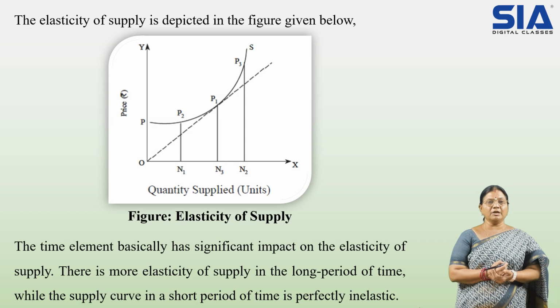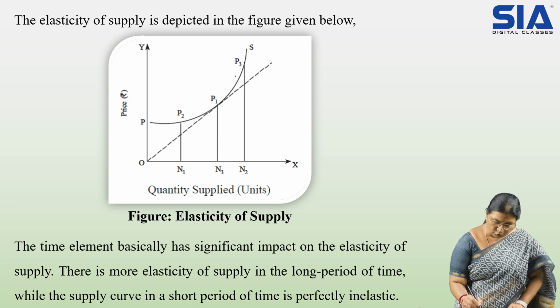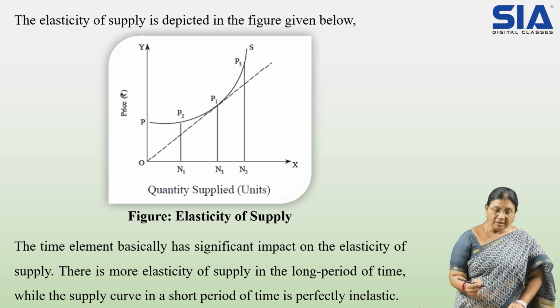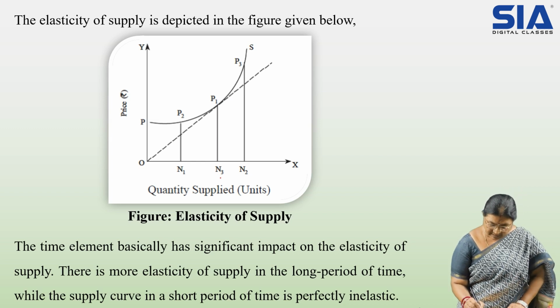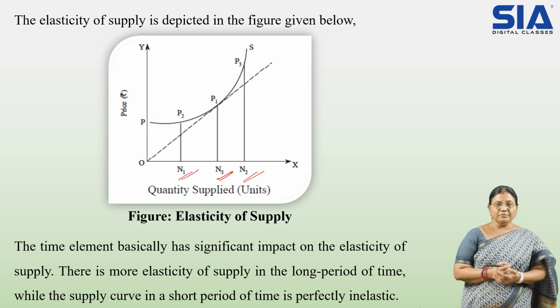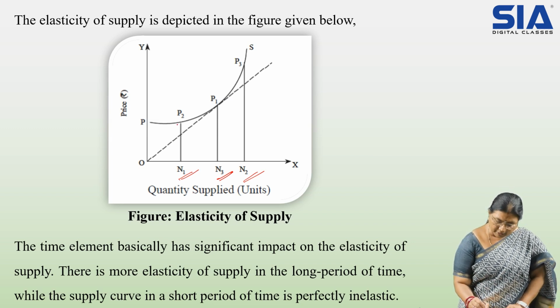Then elasticity of supply is depicted in the form of a graph that you can see here. P1, P2, P3: when the price is increasing or decreasing, how it is influencing the supply. So when the price is increasing, you can see the supply is also increasing.